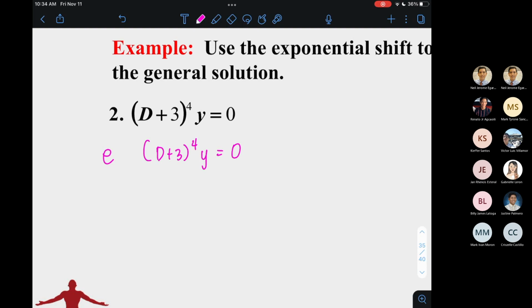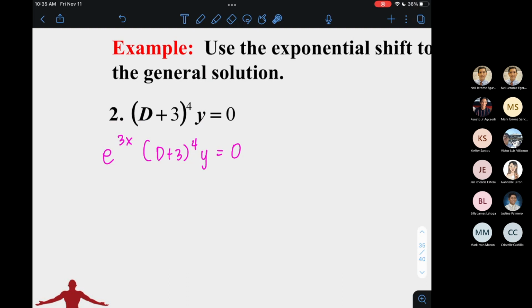Kiefer says 3 to the x, and I think he's right. So e to the 3x yung i-multiply ko to both sides of our differential equation. Because exponential shift theorem tells us na papasok yung e to the 3x sa loob ng operator, but at the cost of shifting the indeterminate in our auxiliary polynomial by m units to the left.